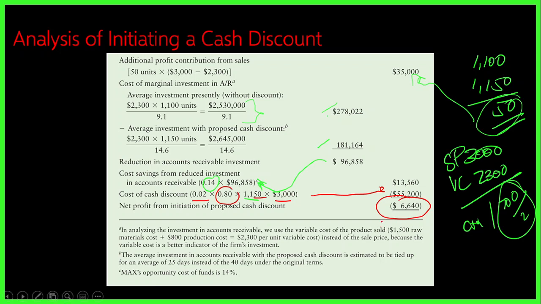So is it wise to offer a cash discount of 2%? Net effect, it's not wise. Bakit ganun? Kasi, ayan, bababa yung profits mo by 6,000. Okay. But then again, you can also consider this as a cost of improving the quality of your accounts receivable.